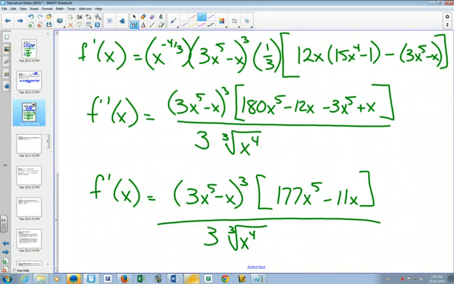And now we've written a final answer that's nicely factored and has no negative exponents or fractional exponents in the end. Of course, you might see that once you've factored it out, there's also an x in common in here. So it might have been that they factored an additional x out, or they might have left it like this.